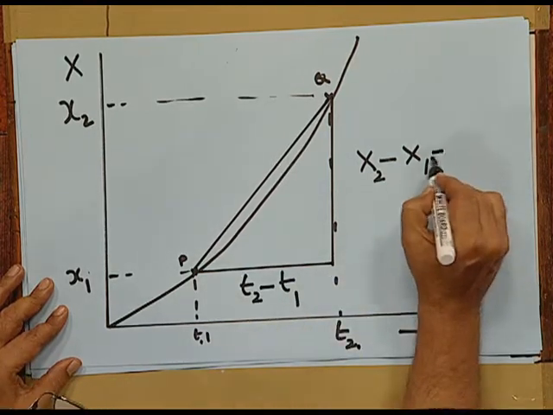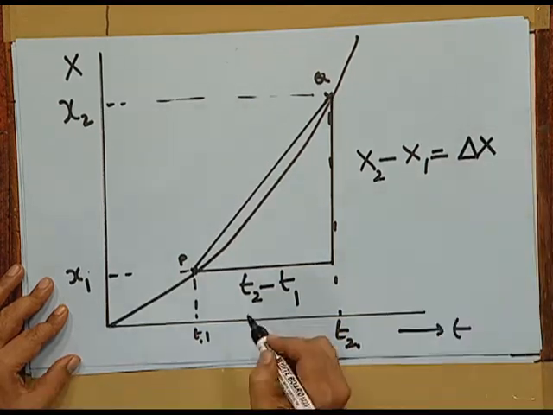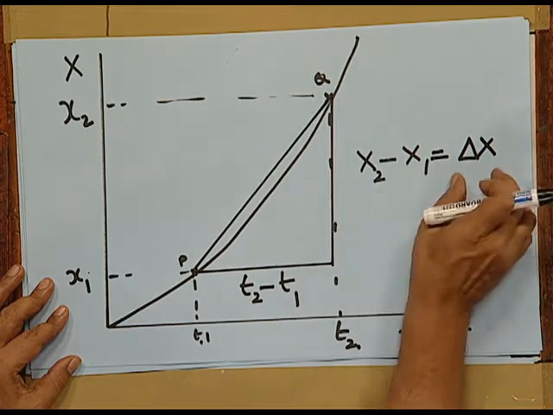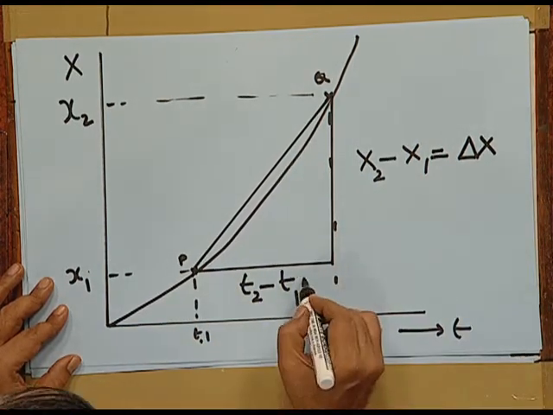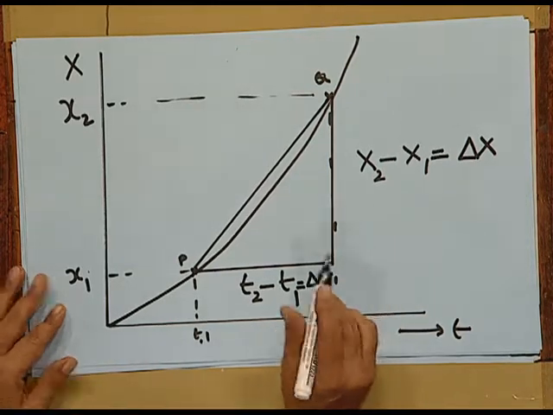Now, x2 minus x1 we have called delta x. In this triangle the height is represented by delta x, and t2 minus t1, which we have called the time elapsed, indicated as delta t here, is represented at the base.